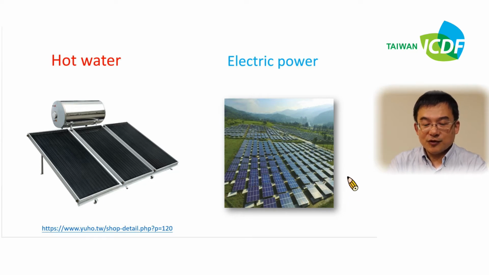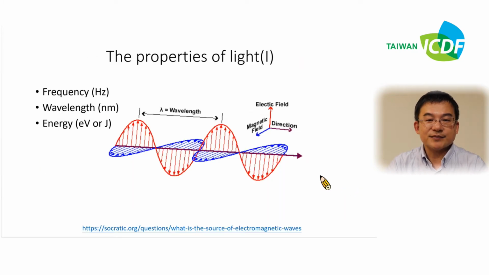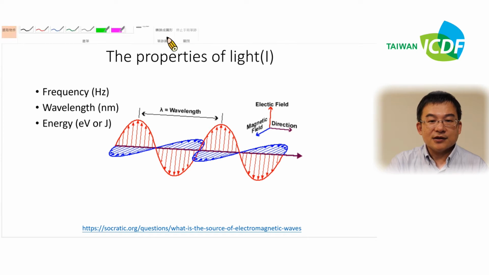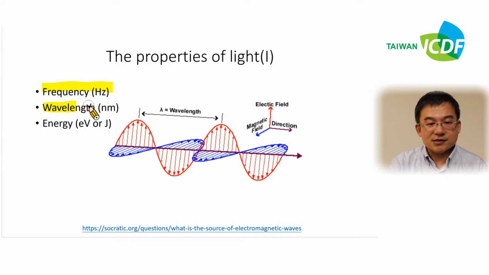But before using this, we have to know some fundamentals of the sun. So this transparency talks about what sunlight is. Light is an EM wave, it means an electromagnetic wave. So if we want to know the light property, we can use the frequency, the unit is hertz, or use the wavelength, the unit is nanometer.